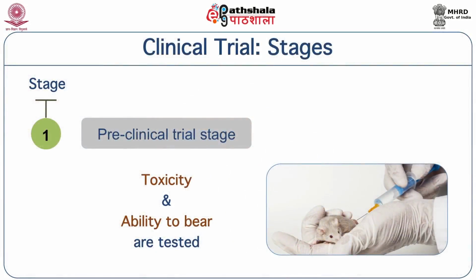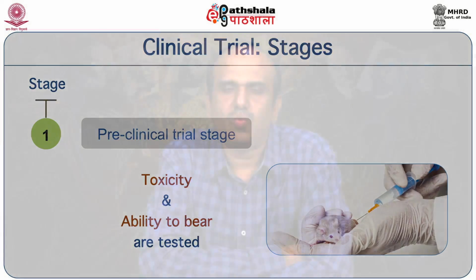Here the therapeutic effect is tested on the animals. The extent of toxicity and the bearability of this toxicity on the animals is tested in the preclinical trial stage, while the next stage is about the drug dosage.